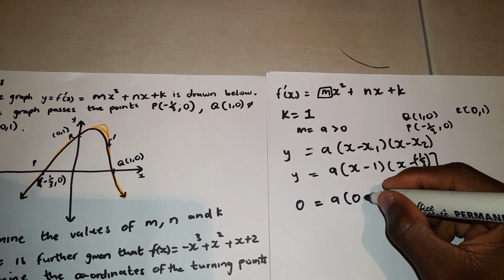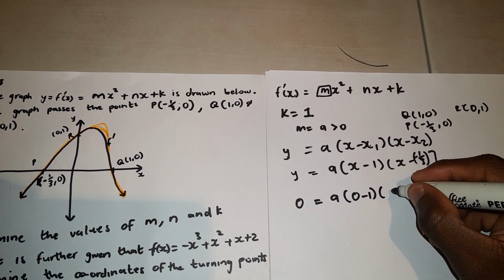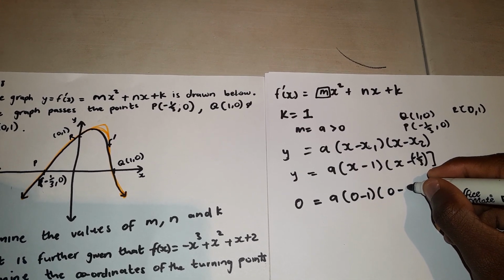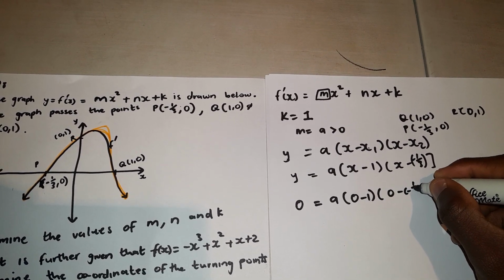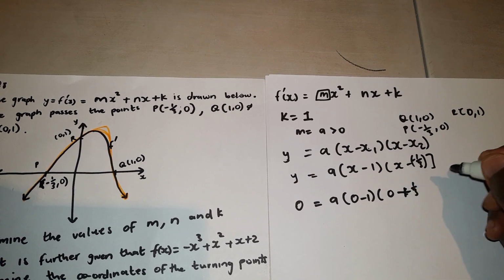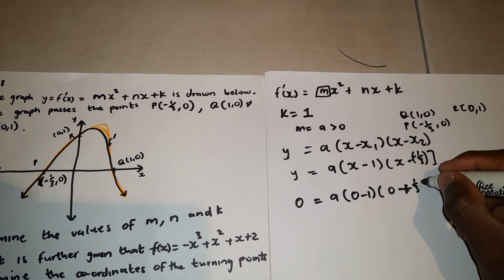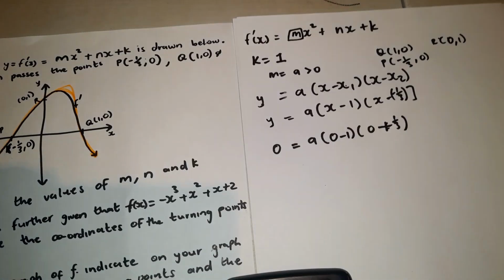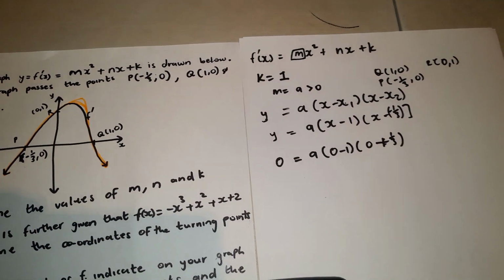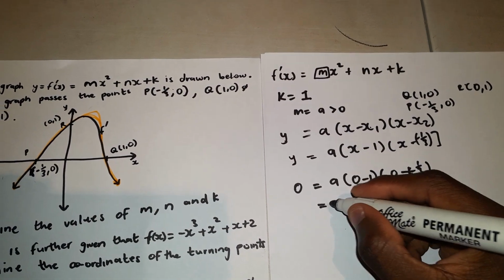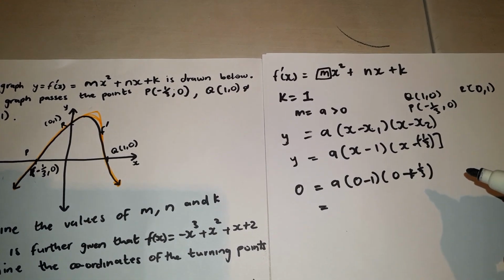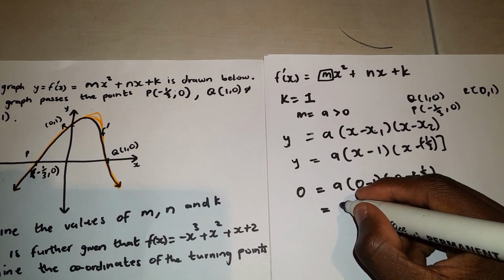So it will be 0 minus 1 over root 3, and 0 plus 1 over root 3.